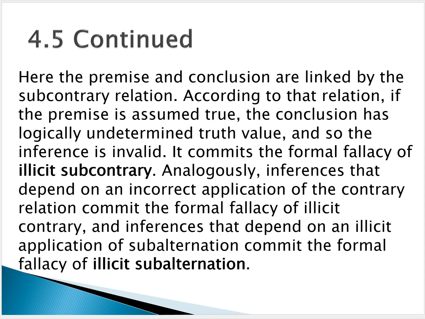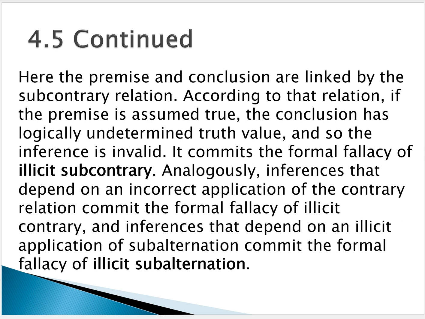So the premise and the conclusion are linked by the subcontrary relation. According to that relation, if the premise is true, then the conclusion has an undetermined truth value. So the inference is invalid. So this is a formal fallacy that we talked about back in chapter 3, the illicit subcontrary.